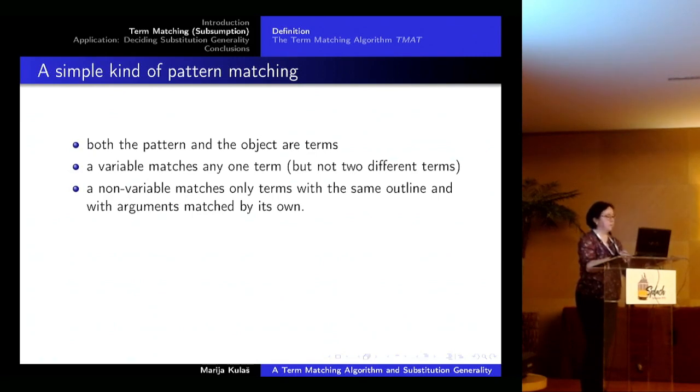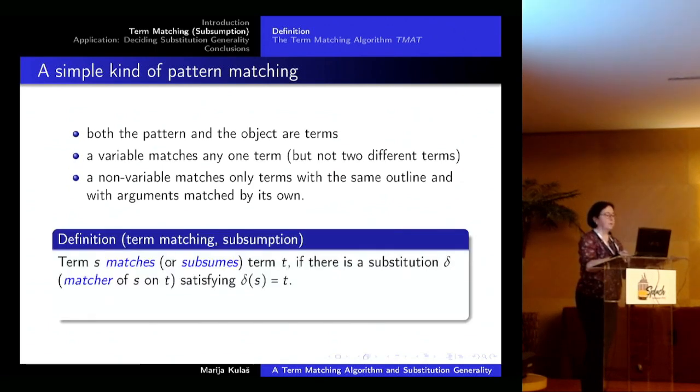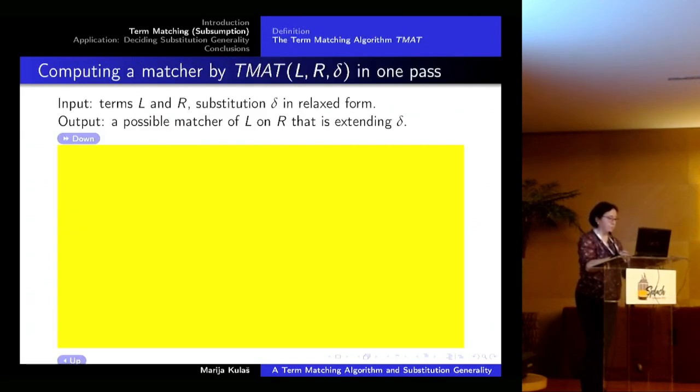pattern matching, just purely symbolic. And the difference to unification is that a non-variable may not match variables, right? So if you look at the definition, it's generality, right? So a term matches or subsumes another one if it's more general.